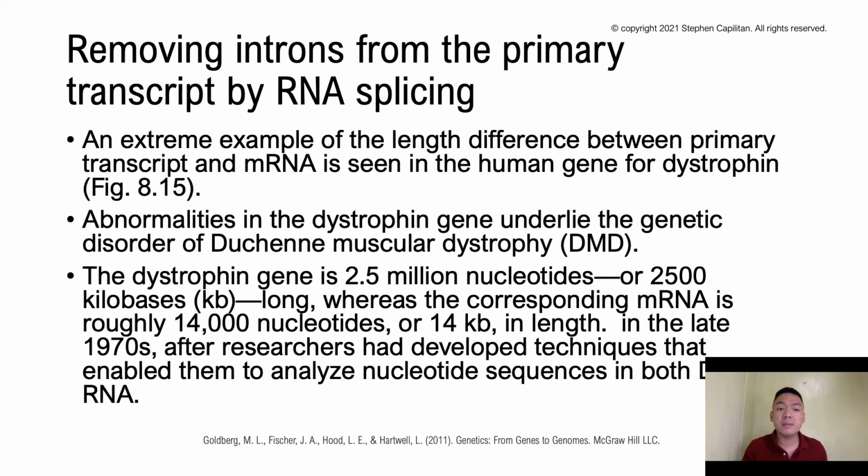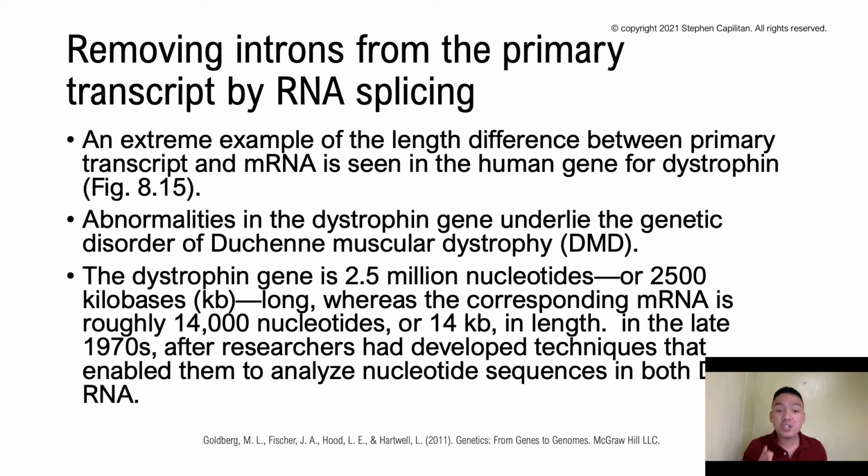A very extreme example of this length difference between primary transcript and mRNA is seen in the human gene for dystrophin. In figure 8.15, abnormalities in the dystrophin gene underlie the genetic disorder Duchenne muscular dystrophy, or DMD.